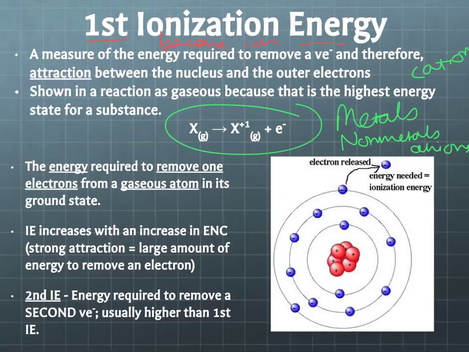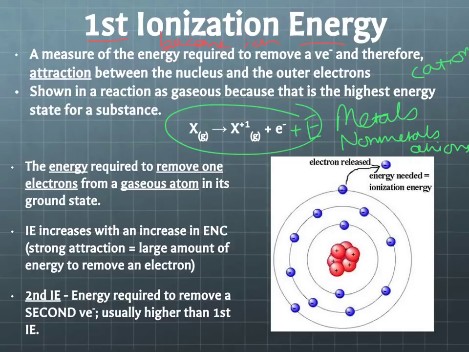When something's a gas, it's possessing the most energy it can without falling apart, essentially. When something is falling apart, quote unquote, that means it's ionizing. So this equation is showing element X, or any element in its gaseous state, forming a cation and releasing an electron. That's the equation that we use to essentially refer to that. And that would also include a large amount, or perhaps a small amount of energy. Okay, it just depends on the element itself.